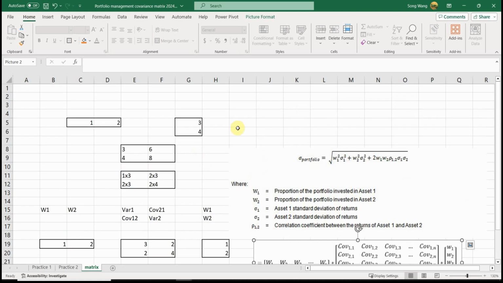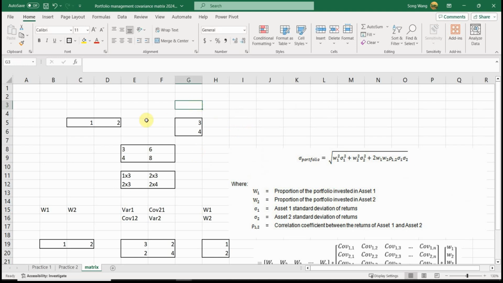Okay, and if you want to know how to perform the matrix calculation, here's an example. Let's say I have a row here, and I have a column here. This is my matrix 1, and this is my matrix 2.